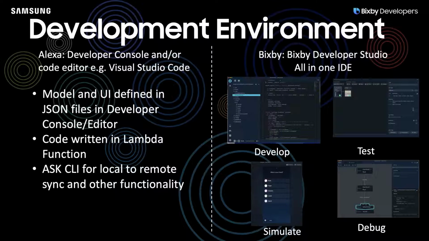I highly suggest you check out stories for anything complicated you're building. And finally, there's a debugger. So while you're using that simulator, you can see exactly what input Bixby is getting, what it's expecting, etc. Obviously, you can still console log as you do traditionally, but the debugger is quite powerful and you can get a lot of information without actually needing to go into your code and add logging statements.